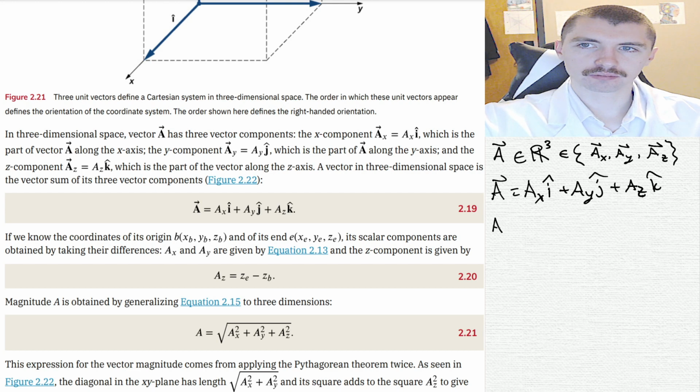So A, the magnitude, the AX equals A end minus A beginning.